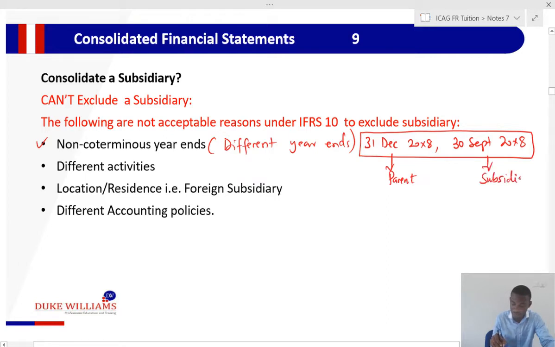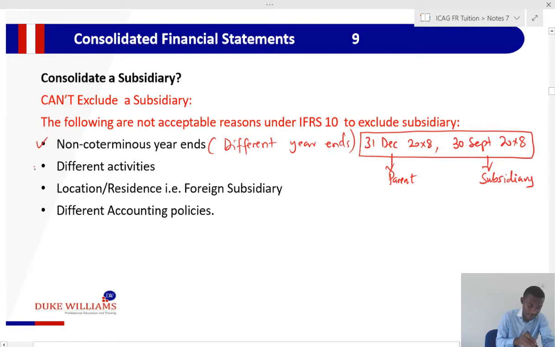And the 3-month period is allowed either before or after the end of the reporting date for the parent. So here the subsidiary year end is 3 months before that of the parent. Entity A is to consolidate B with adjustment for that period and also with relevant disclosures.